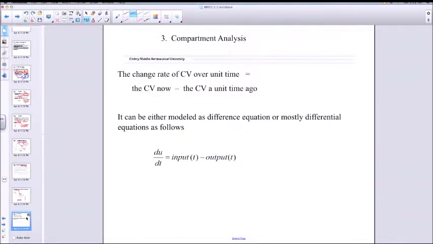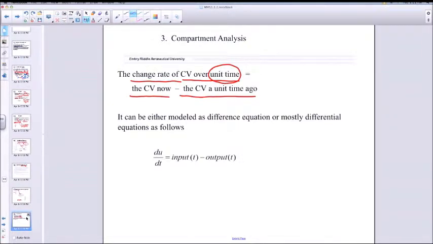So I write this first principle into an equation. So the change rate of your state variable over a unit time equals the content right now minus the content a unit time ago. That's just a definition. That's nothing but change.